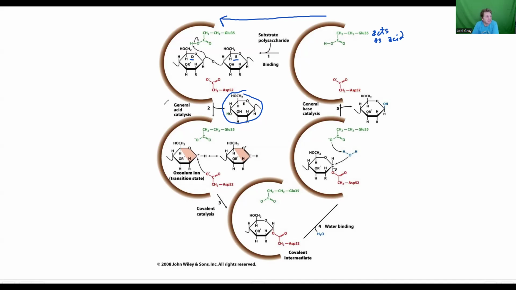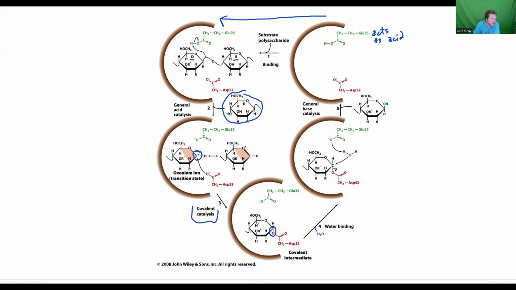So we do have a step that is general acid catalysis. Now that oxonium ion, that positively charged carbon, is able to establish our covalent bond with aspartate 52. So we have our covalent catalysis take place there.